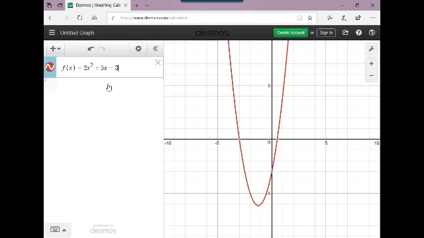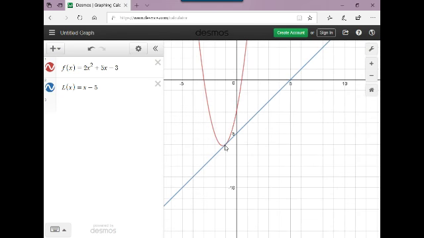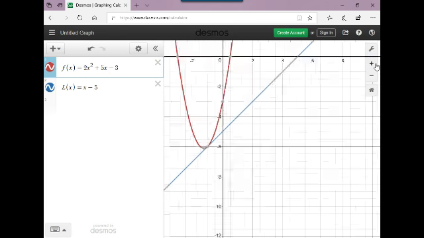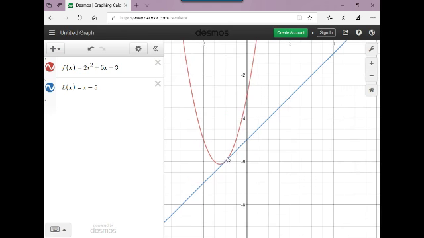Okay, so here's the function 2x squared plus 5x minus 3. We're going to graph along with that the linearization function, which we found, which was x minus 5. And so first of all, see that this is the graph of the function, and this is the tangent line to the graph at -1. So any y values on the red graph are going to be very, very similar to the y values on the blue graph.